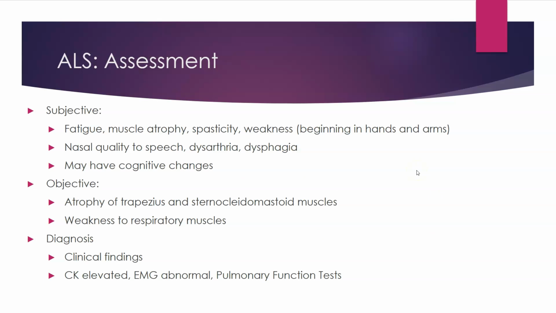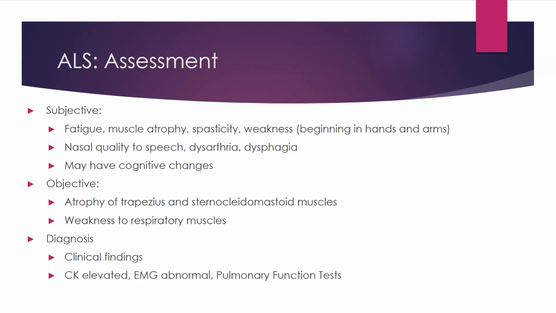For the initial subjective assessment, they might say they've got some fatigue, muscle atrophy, spasticity, or weakness. They might have a nasal quality to their speech, or dysarthria, or dysphagia, and they might have some cognitive changes. Objectively, they might have some atrophy of the trapezius and sternocleidomastoid muscles, and some weakness of the respiratory muscles as well.